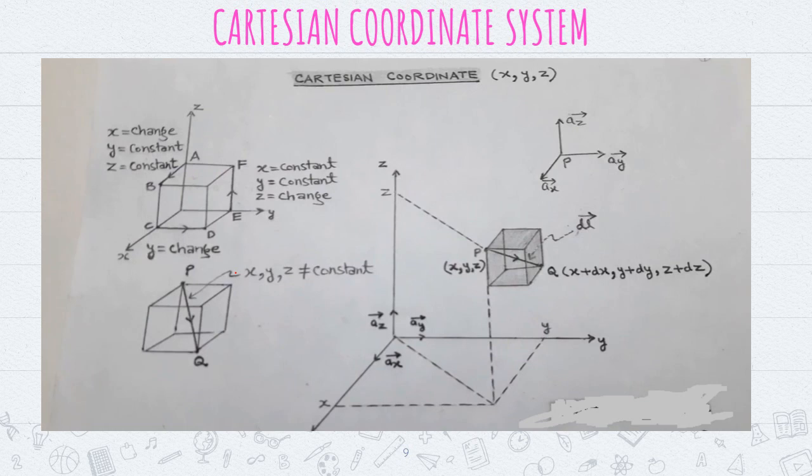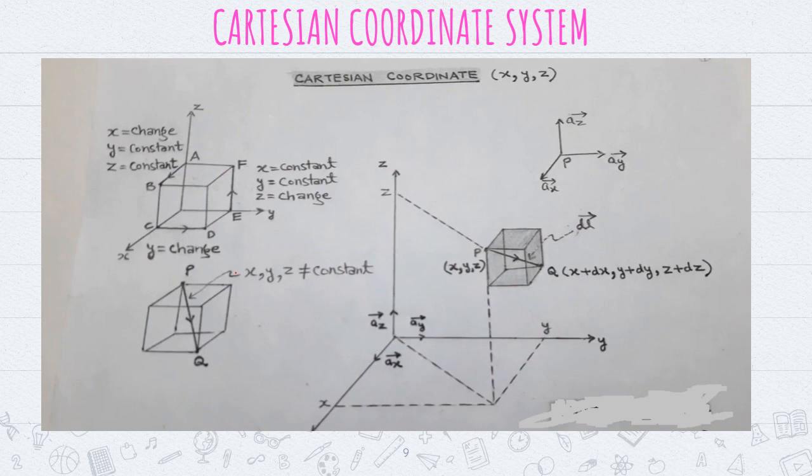In this diagram you can refer to EF. This EF is parallel to the z direction. Therefore we can say this EF is the dz side. So in Cartesian coordinates there are three sides: dx, dy, and dz.